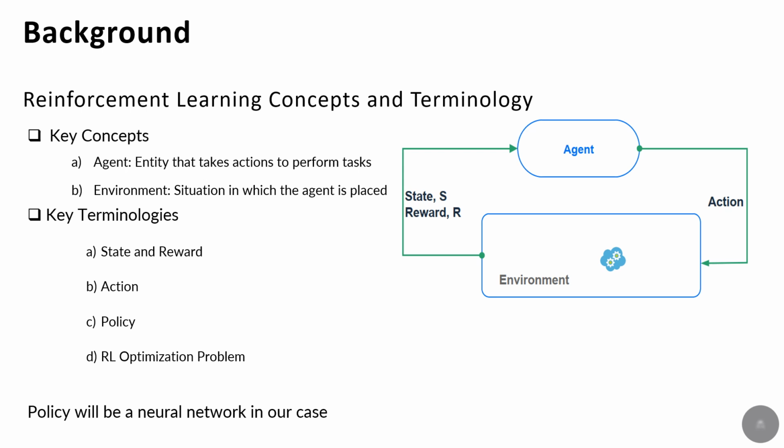So the key things I want to cover in this part is, one, an agent. We need to define what an agent is in this concept. So in relation to reinforcement learning, an agent is usually an entity that uses a policy to take certain actions.